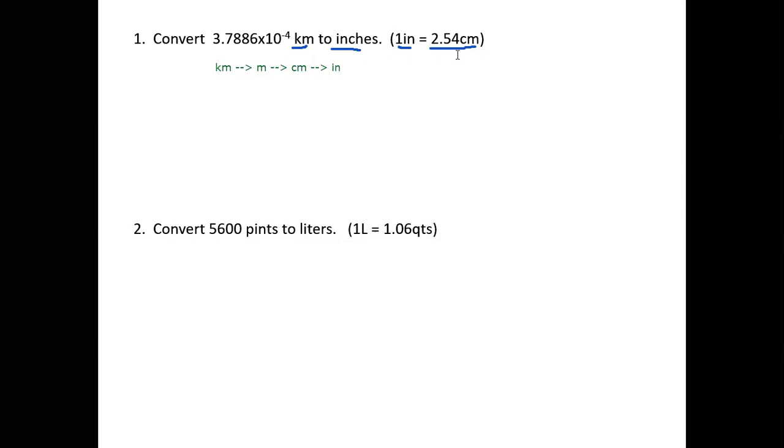So in addition to the conversion factor we're given, we're going to need to know how many meters in a kilometer, and how many meters in a centimeter. So now we have all the conversion factors that we need to solve this problem. So we set up our train track.